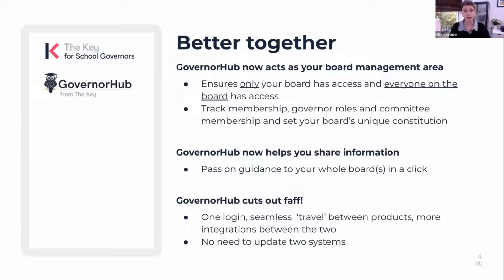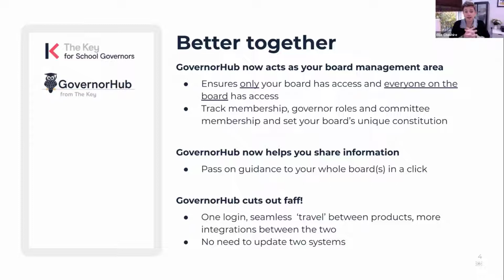So when you buy Key for School Governors, you will always have GovernorHub as part of your subscription. The reason is that we can use all those processy gubbins in the background of GovernorHub to improve what we can do for you in Key for School Governors. For those of you that might just have Key for School Governors and don't know anything about GovernorHub, what will happen now is that with GovernorHub as part of your subscription, it will act as your board management area.